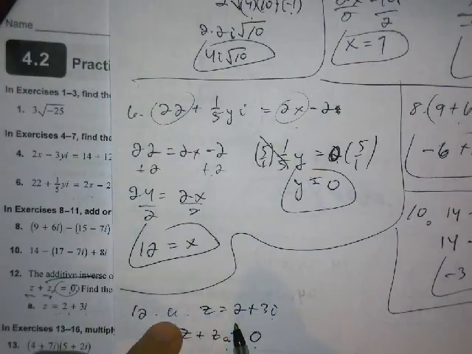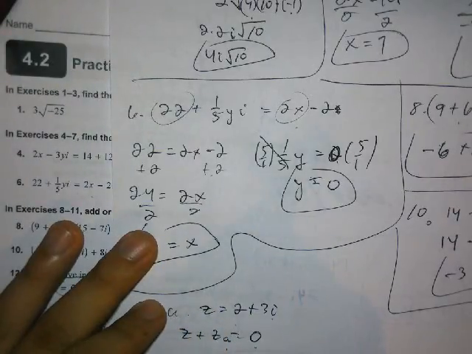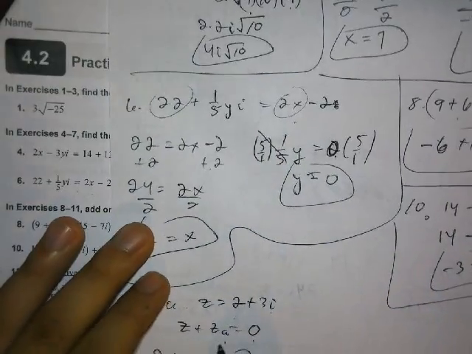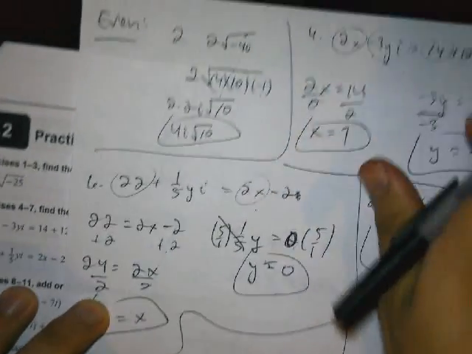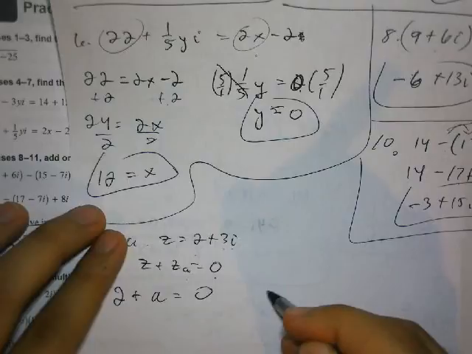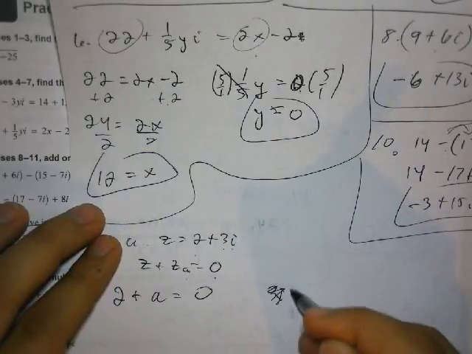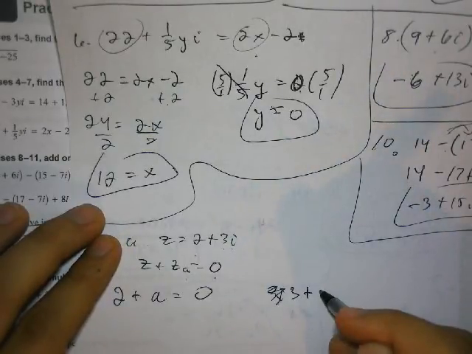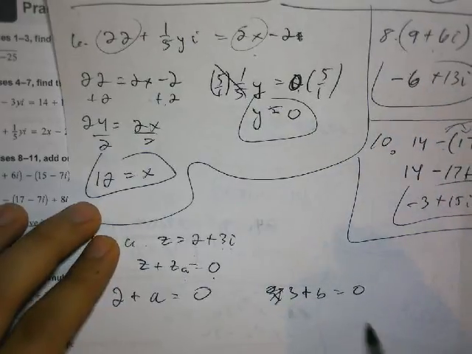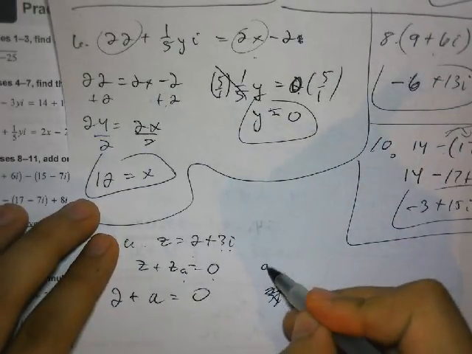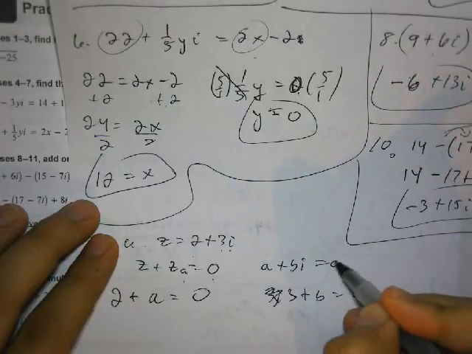So what that looks like is 2 plus some a is equal to 0. And then I need an imaginary part that I add to 3i that I get 0. So that looks like 3 plus b is equal to 0. So my goal is to find some number a plus bi is equal to za.